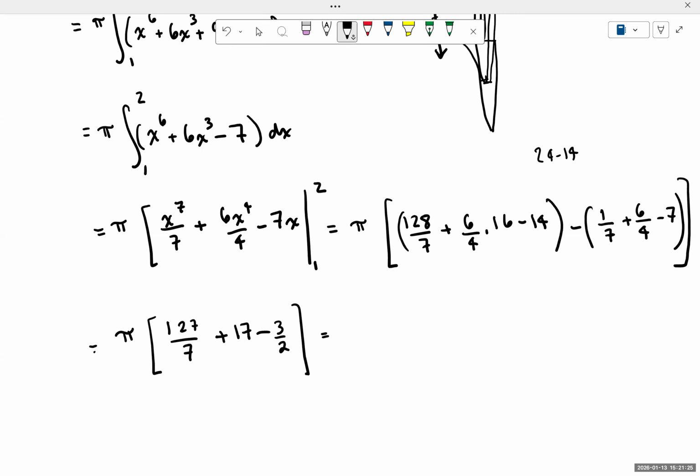Now I'm going to make a common denominator of 14. So this is 7 times 2, 54, and this is a 5, 238, and then minus 21. So eventually I get a lovely wholesome answer of 471 over 14 pi, which is right.